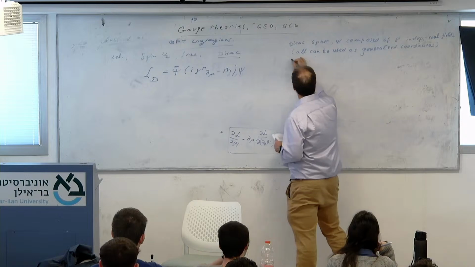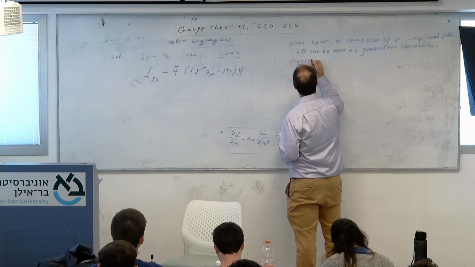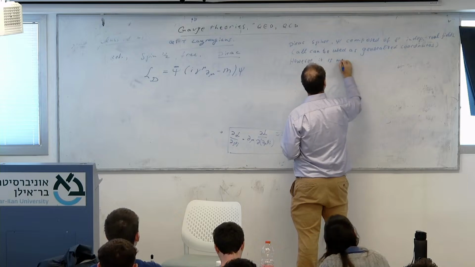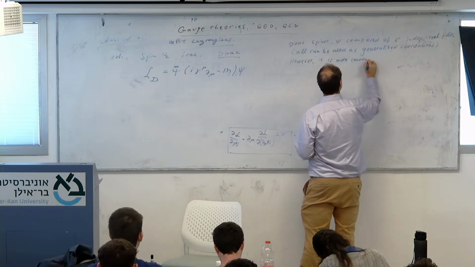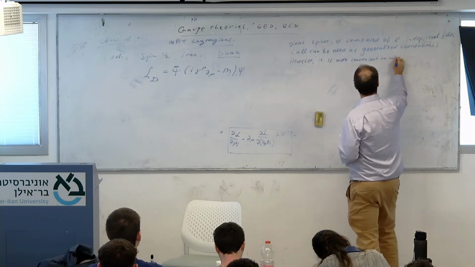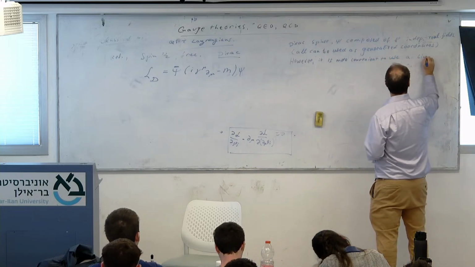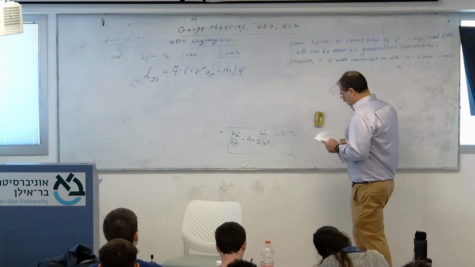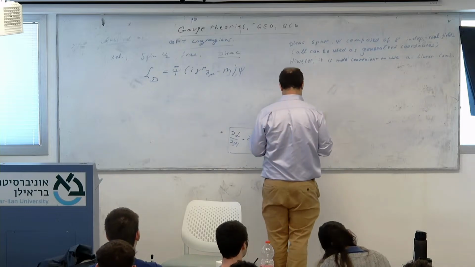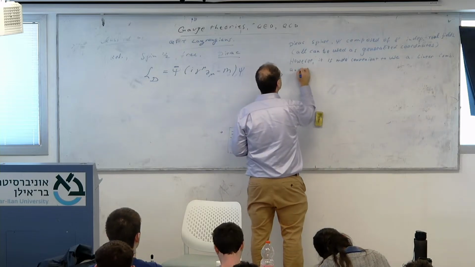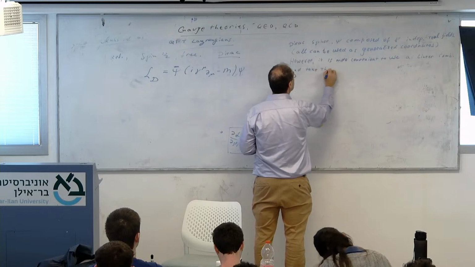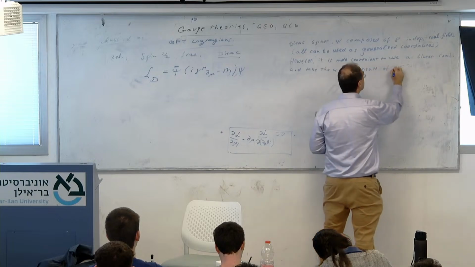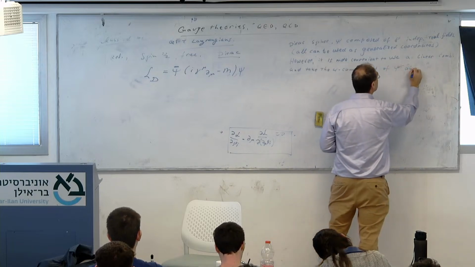However, it is more convenient to use a linear combination and take the four components of psi and psi bar.